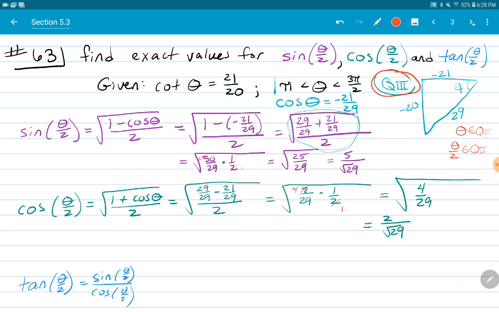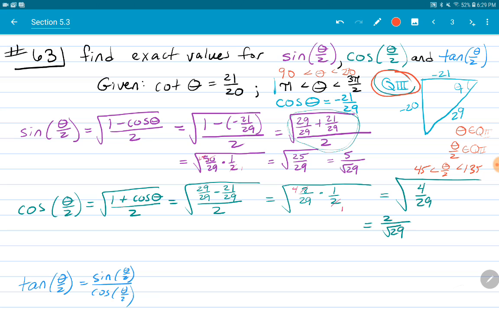Thinking about it, if pi is 180 degrees, and theta is between 180 degrees and 270 degrees, then half of theta must be between 90 degrees and 135 degrees. So that's in quadrant 2.